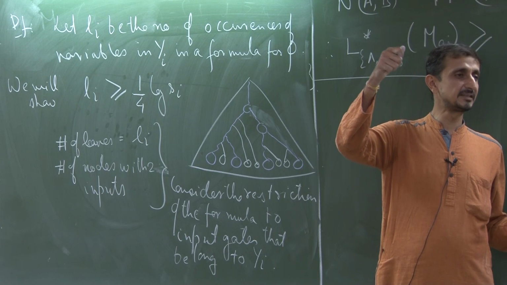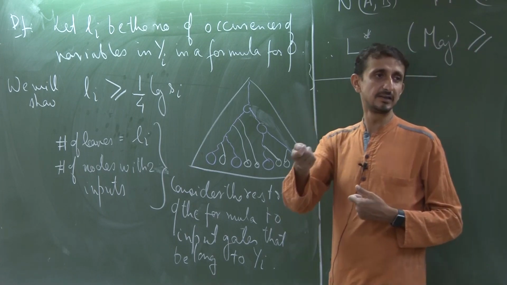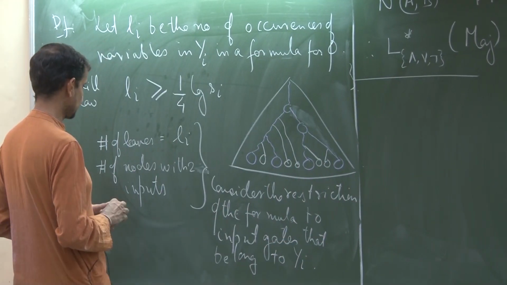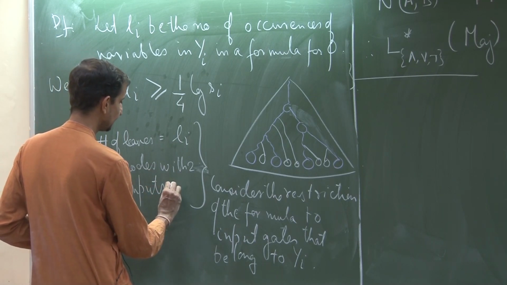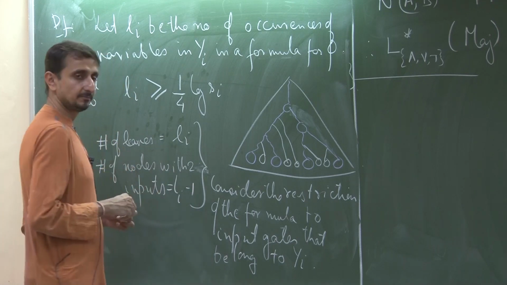But even if I stretch them and make them into paths, each node has in degree and out degree 1, so they cancel out. So the number of nodes with 2 inputs, that is in degree 2, will be exactly Li minus 1.